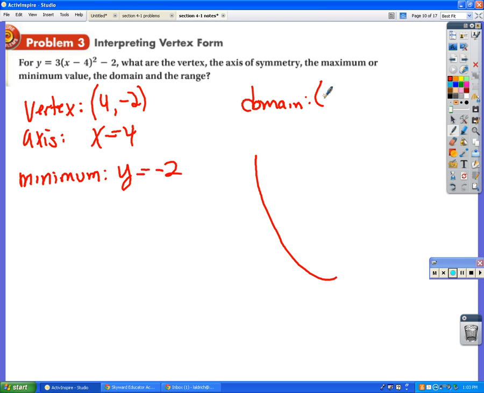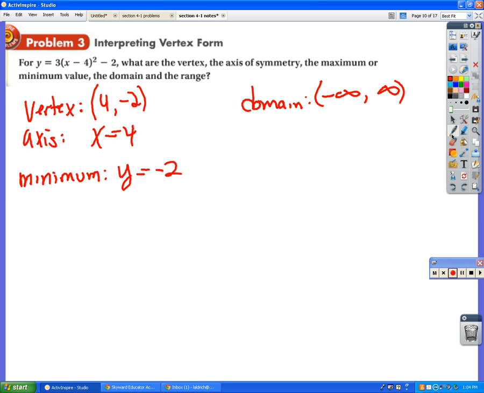So the domain will start at negative infinity. How far will it go if we graph it this way? Right, positive infinity. And I really don't know why math books always ask you what the domain of a parabola is. It's always, for the domain, negative infinity to infinity. The domain of all parabolas, negative infinity to infinity.